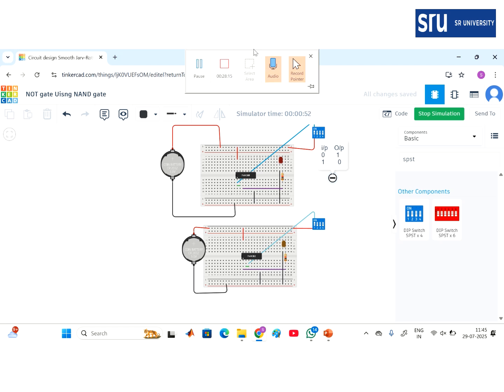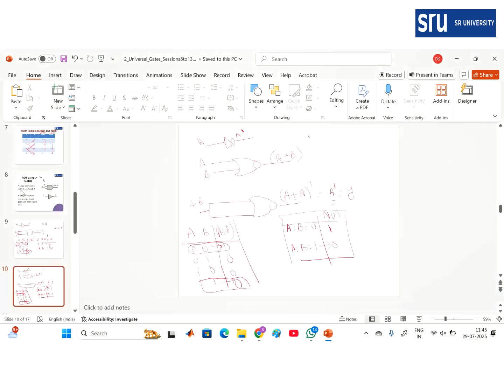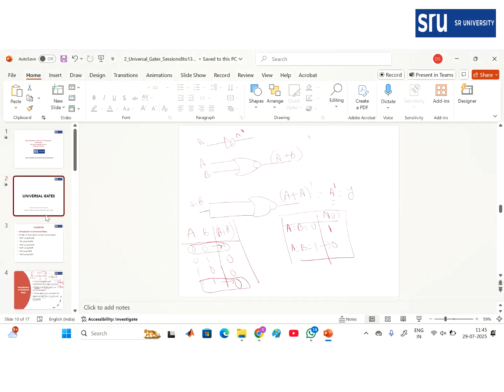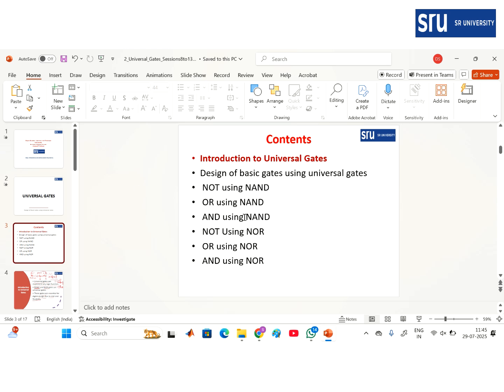Okay. So in the next class, we'll discuss how to stop simulation. So here we have discussed first universal gates, how many universal gates we have. Then we have the content. First the topic NOT gate using NAND gate we have covered, as well as NOT gate using the NOR gate. Right. So these two topics we have covered in this PPT, in this lecture.